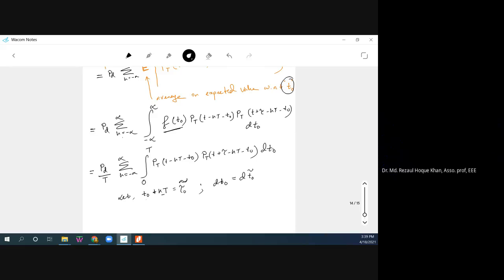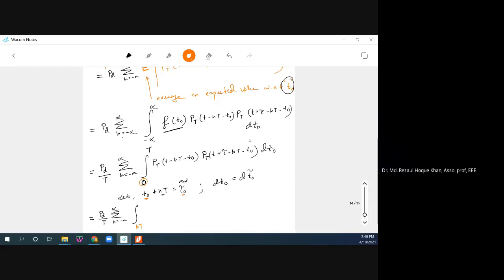Now rewriting P_D. Our limit with respect to t0 was 0 to T. If t0 is 0, then t0 tilde will be kT. So our limit starts at kT.